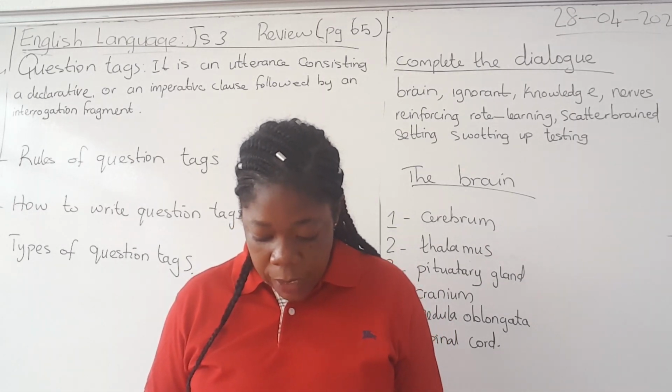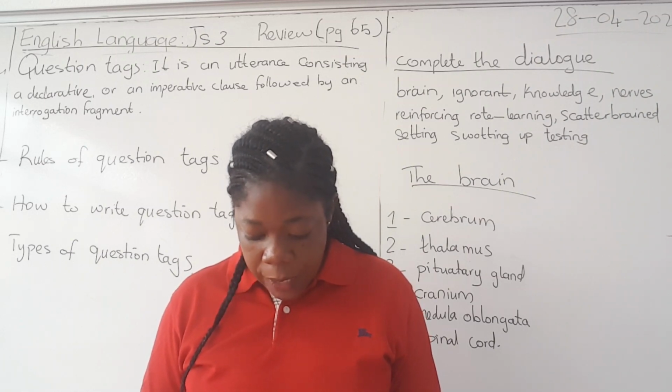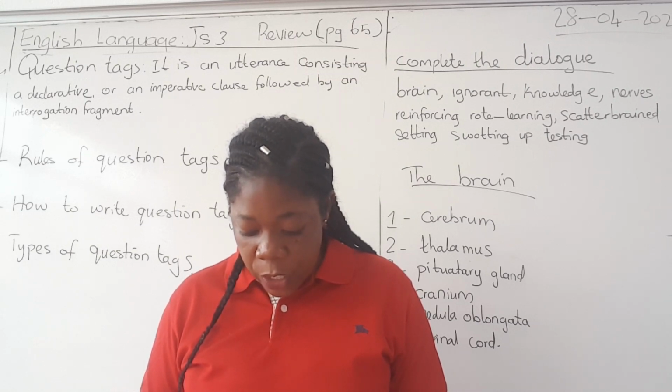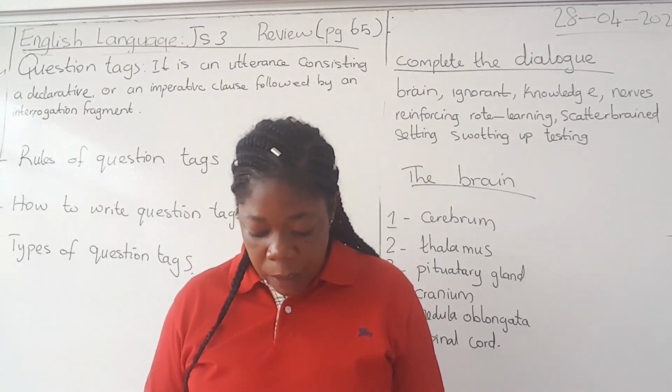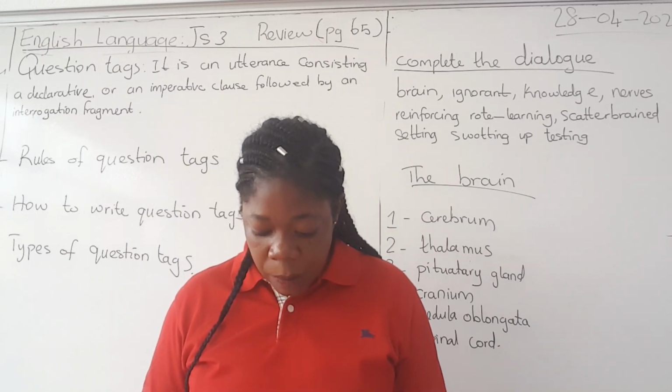Now number 3, choose the correct answers. Number 1, emphatic do is used to A, add emphasis to a question. B, contradict an informative statement. C, contradict a negative statement.